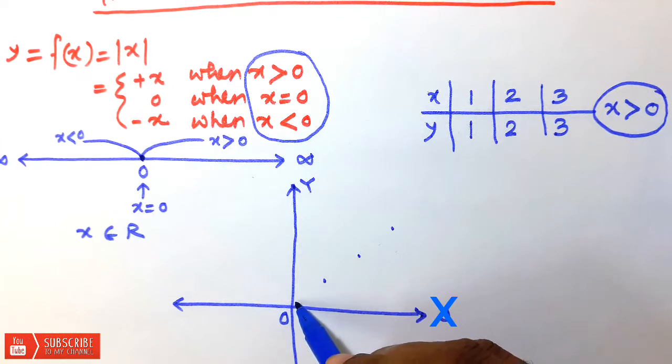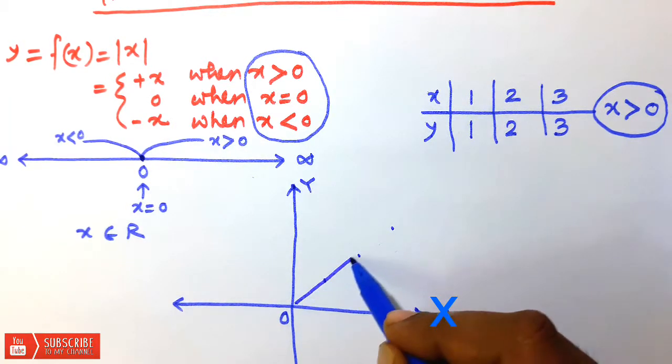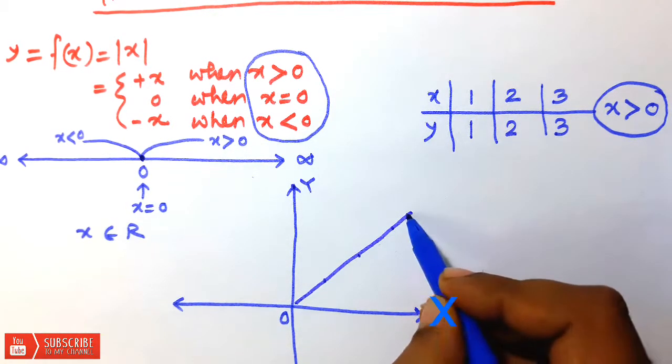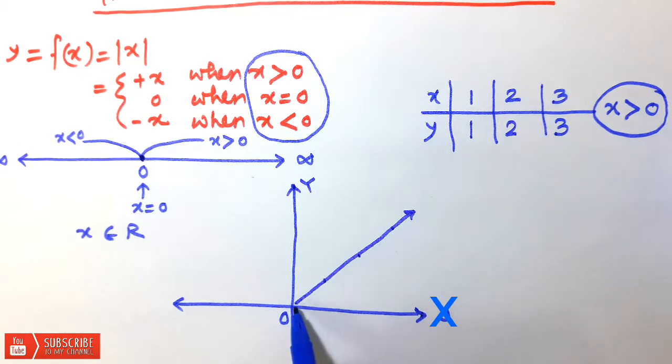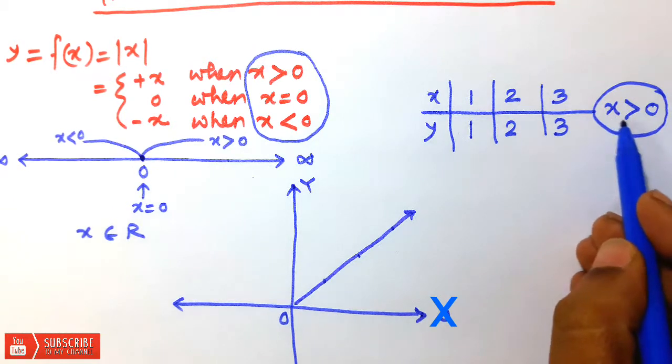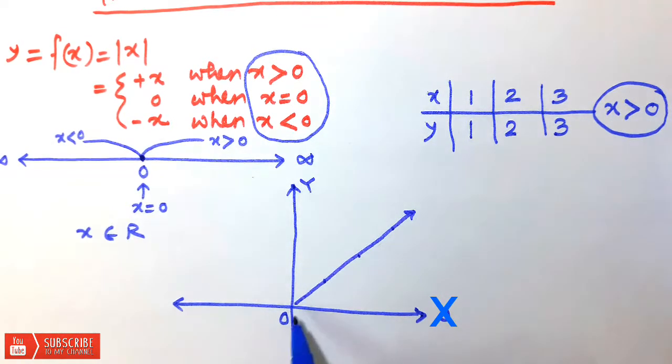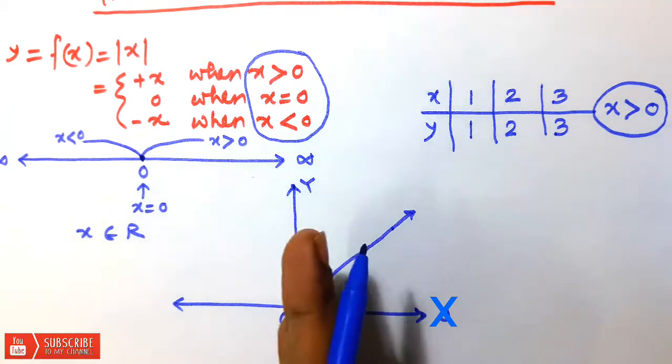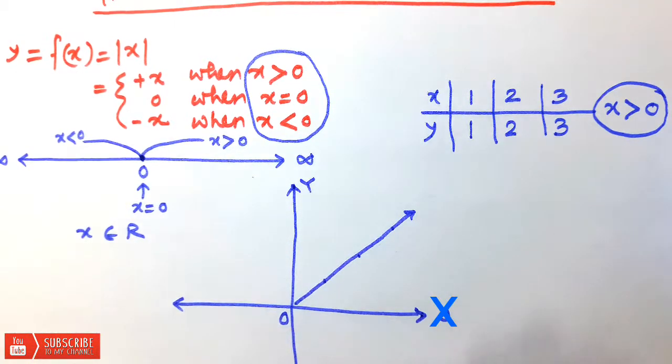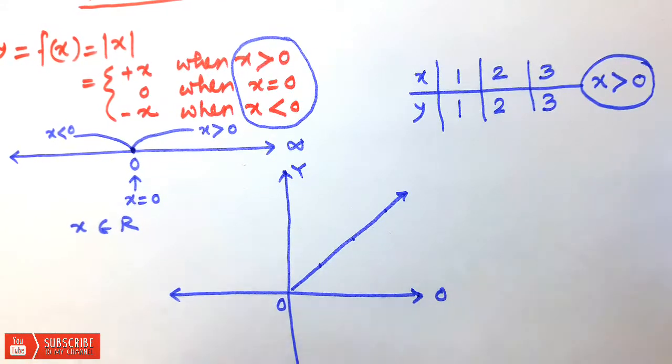You can join these points to get a straight line, and you can't go below the origin because x is greater than 0. So you can't go to the left side of the y-axis.